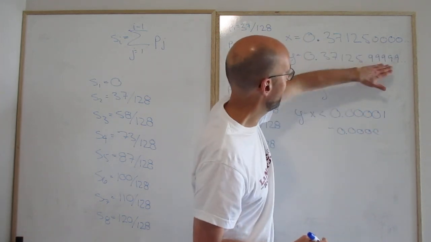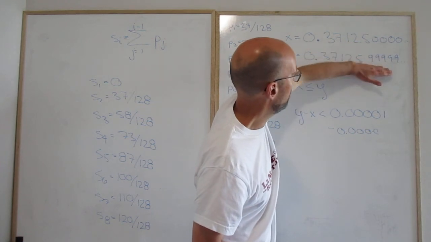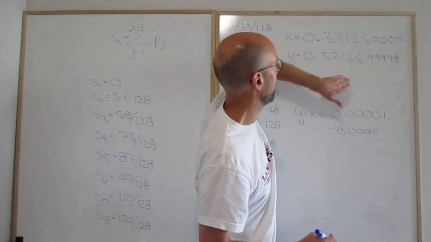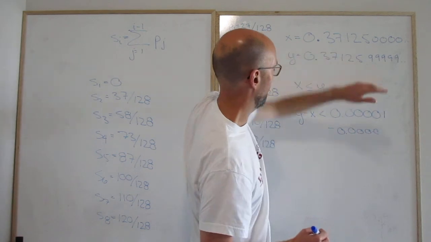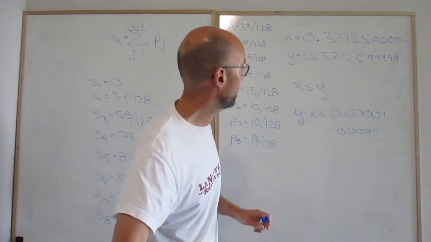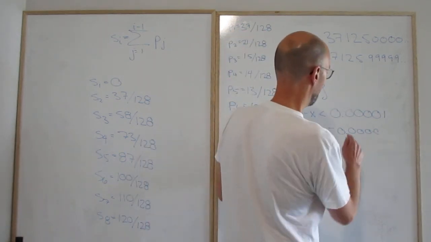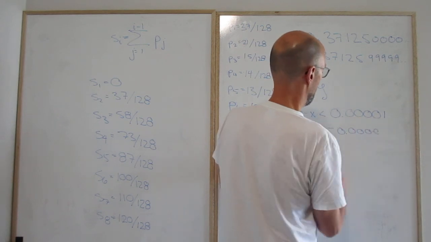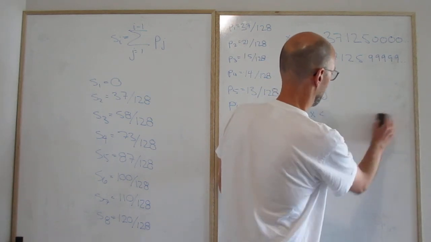It's less than this minus this, because this is bigger than y can be, and this is as small as x can be, and that is exactly 10 to the minus 5.